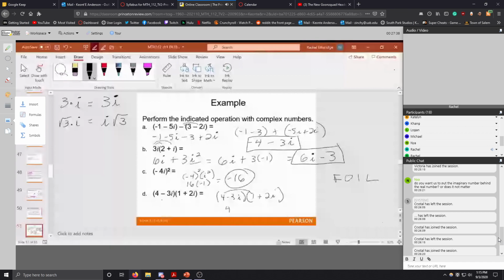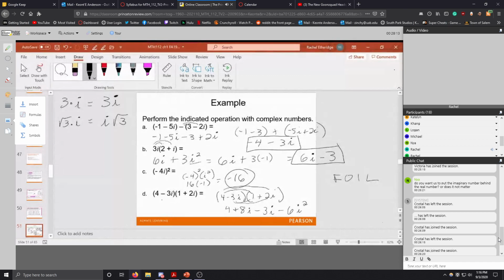And then 4 times 2I is going to be plus 8I. And then minus negative 3I times 1 is going to give us a negative or minus 3I. And then you're going to have negative 3I times positive 2I is going to be negative 6I squared.